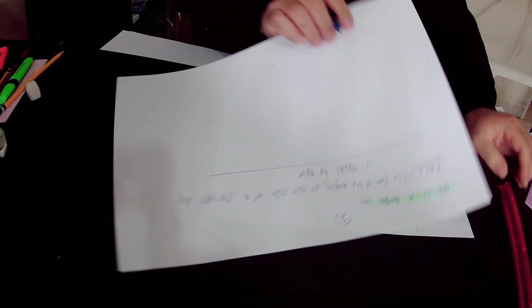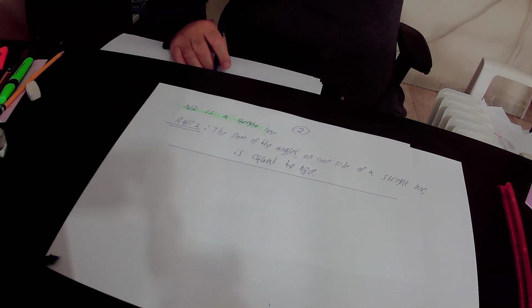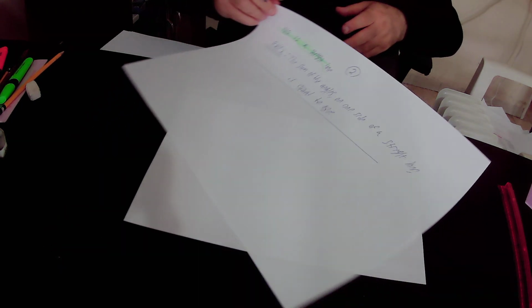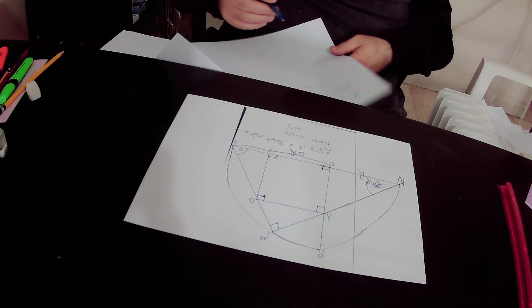I will read rule number 2 again. According to rule number 2, the sum of the angles on one side of a straight line is equal to 180 degrees. Okay? And we already found out that NQ is a straight line.